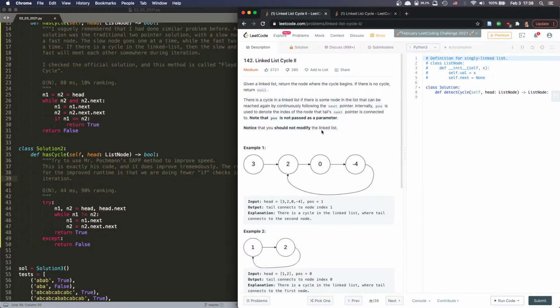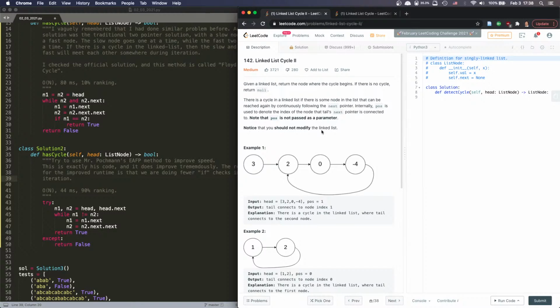But the question is, how do we know how many iterations it actually takes? We can start counting how many iterations it takes initially.